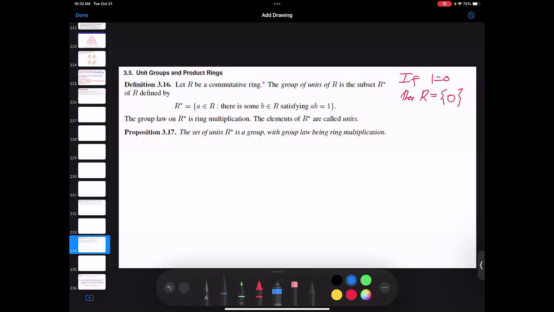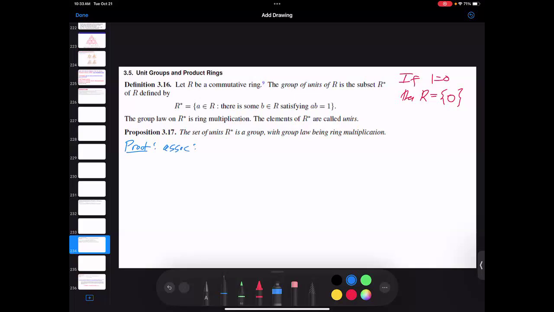Hopefully well. What properties do we have to show so that it's a group? So what properties does a group have? How many? 4. And they are associative, closed, identity, and inverse.